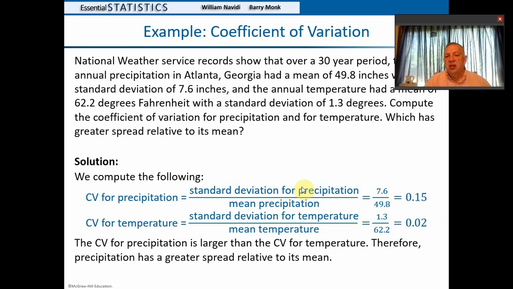So here the standard deviation is wider given the mean precipitation than it would be for the temperature. So this has a greater spread relative to each one of its means. So the CV for precipitation is larger than the CV for temperature. Therefore, precipitation has a greater spread.